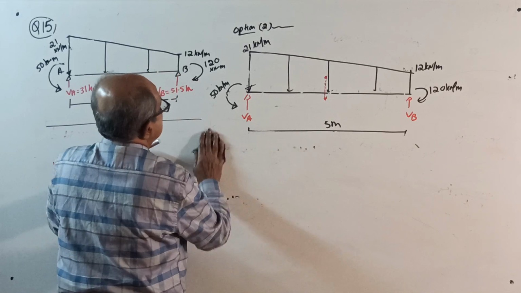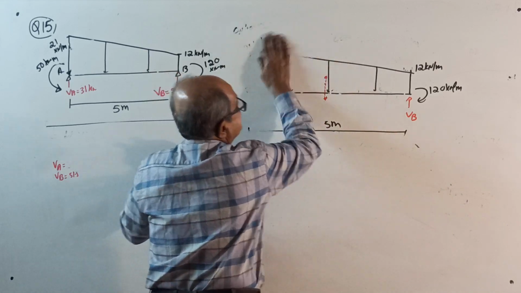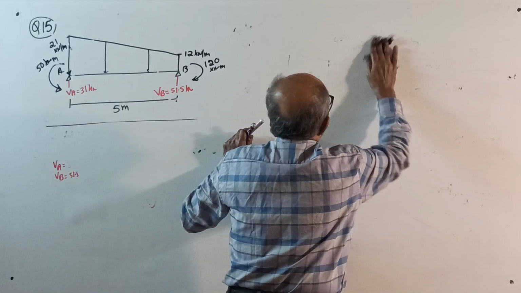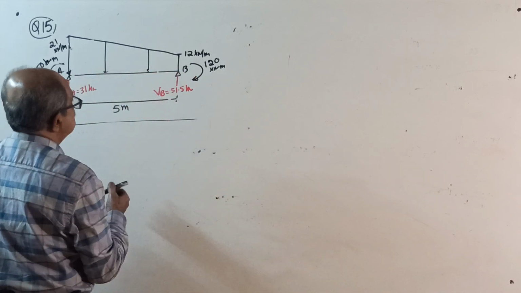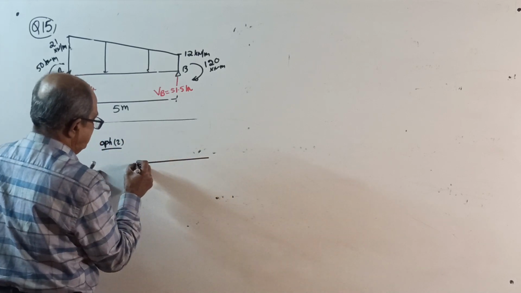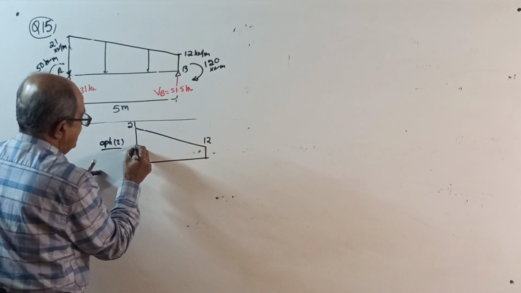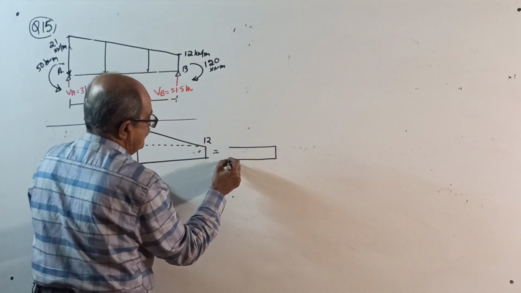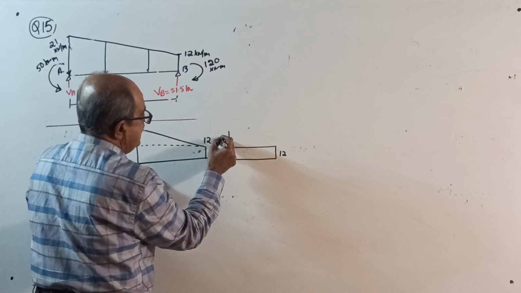First preparation. Option 2. See, the trapezium is like this: this is 21, this is 12. Divide like this, so this becomes 12, and here 21 minus 12 is 9.